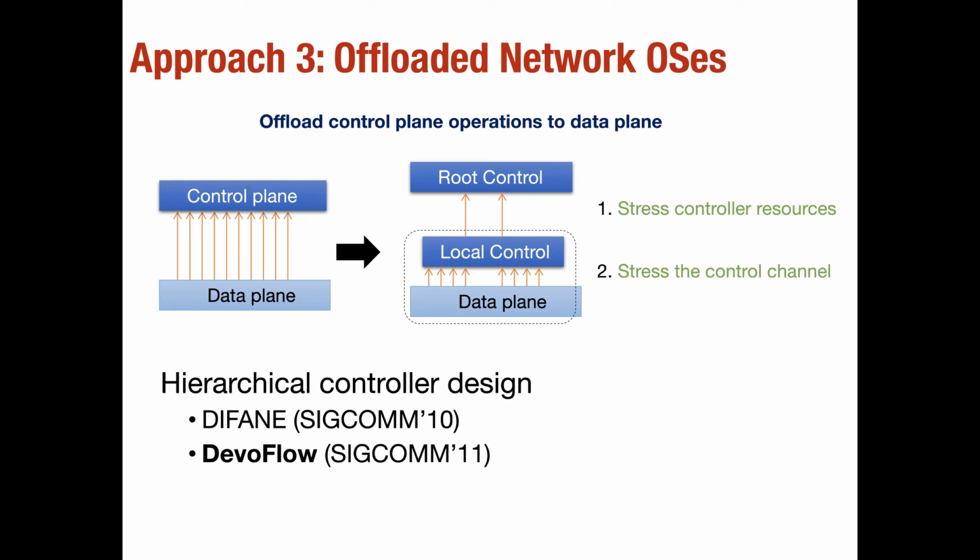So the idea that a lot of people had was that the CPU is sitting there, and if we can use it to handle all the local events that don't really need to be processed or reported at the upper layer, then we can significantly reduce the stress on the control channel. And having that distributed design is already solving the controller resource problem. So then we will have a much more scalable design out there, right?